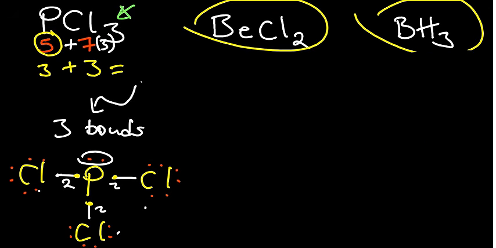They don't attain octet. So beryllium has 2 valence electrons. So that is going to be straightforward. It has 2 valence electrons, coming from group 2. So go direct. We've got 2 chlorine atoms. So obviously, we can only have a maximum of 2 bonds in this case. We know why, because beryllium only has 2 valence electrons.